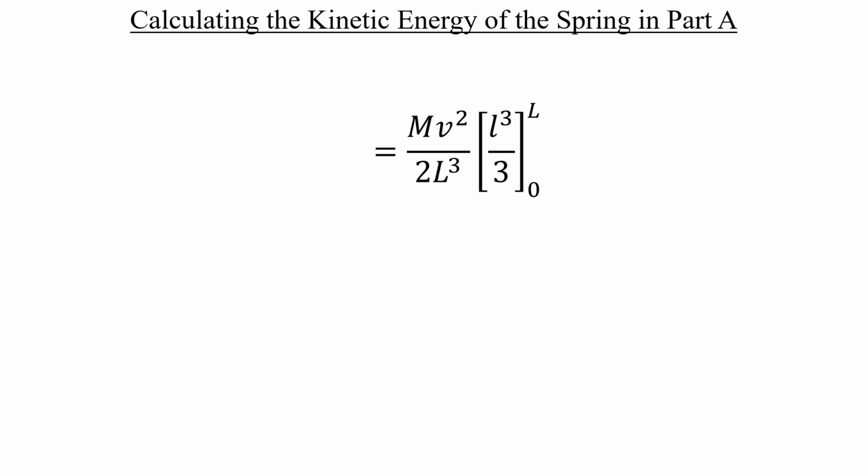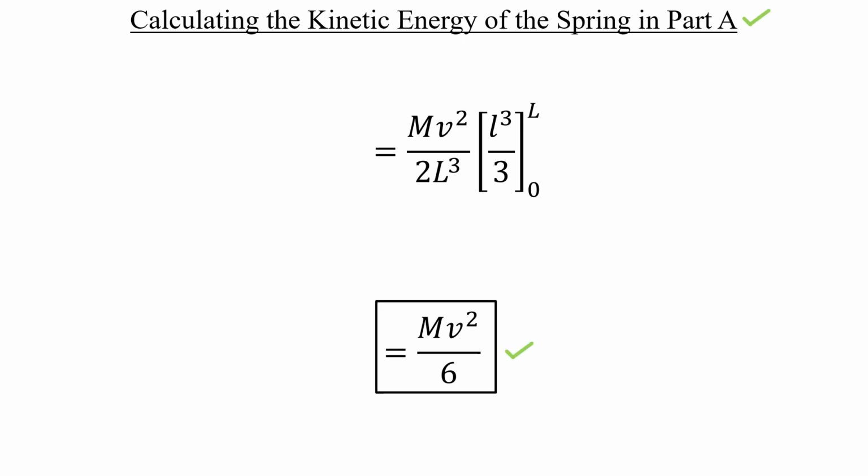Our result is all of these constants out front multiplied by capital L cubed divided by 3, and the l's will cancel out, and the 2 and the 3 in the denominators will multiply together, resulting in our answer, mv squared divided by 6.